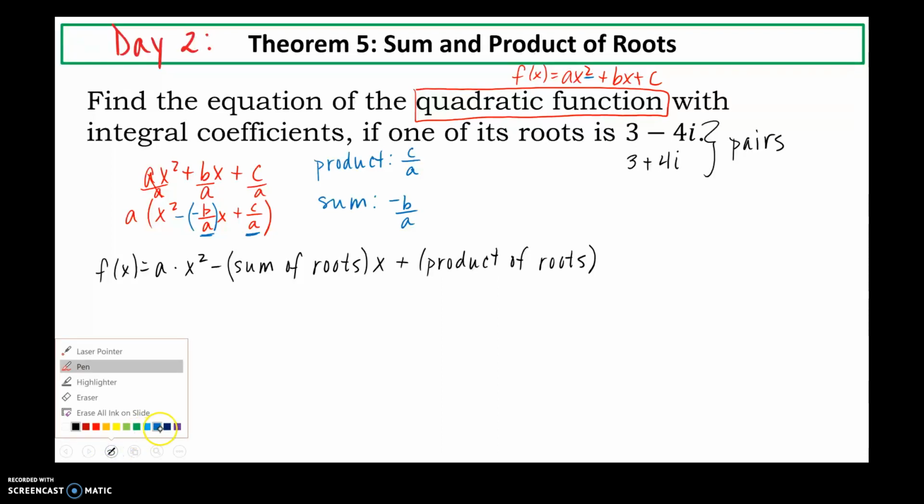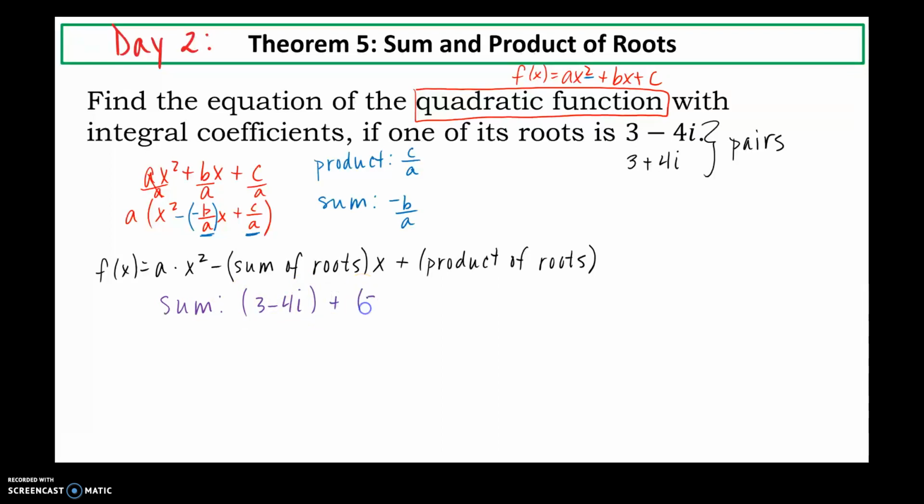All right, so let me find those things. Sum of the roots, we have 3 minus 4i plus 3 plus 4i. So when I add those together, I just get 6 because the imaginary parts cancel out. The product of the roots, 3 minus 4i times 3 plus 4i.